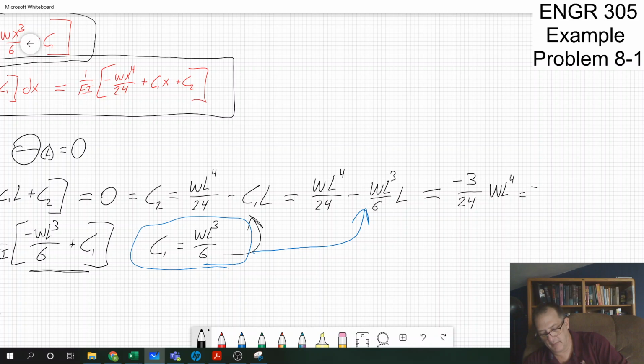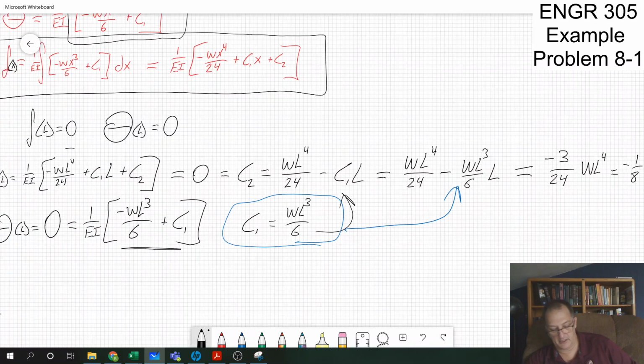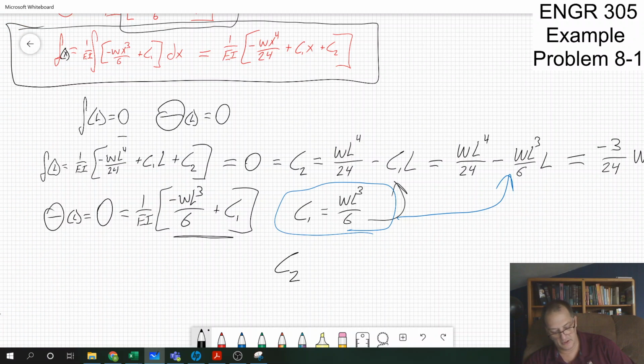That's actually equal to minus 1/8 WL to the 4th, right? All the way back here, C2 is equal to minus 1/8 WL to the 4th.